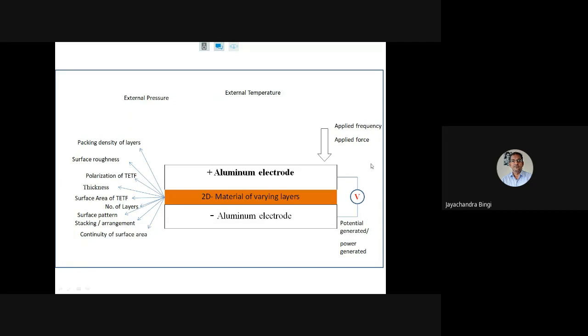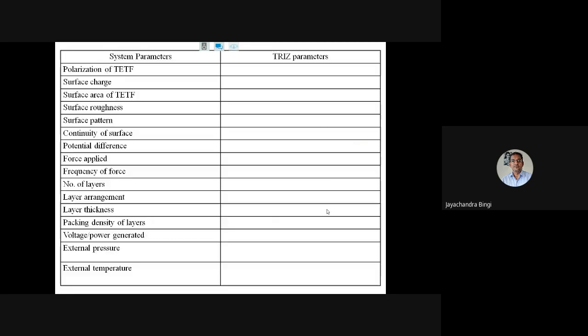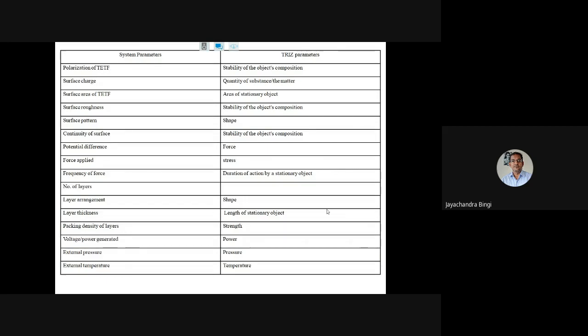If you apply a little force, that means you have the touch sense. If you have less force and the potential is spiking high, then that is a very sensitive device. So that is what we are actually targeting.